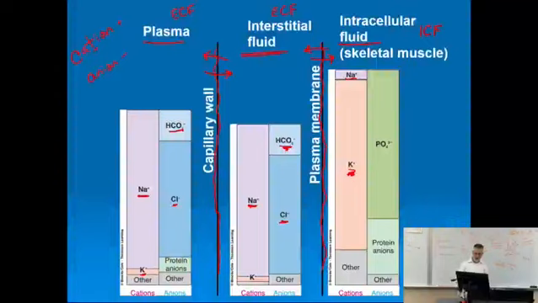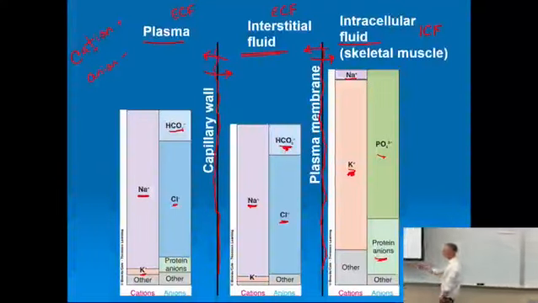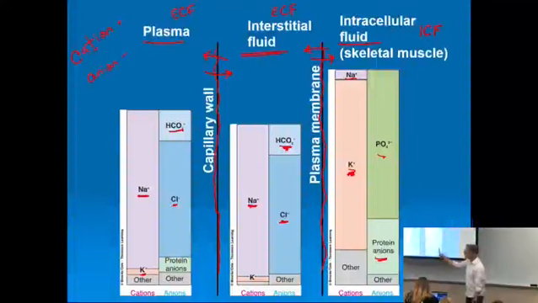So we see our potassium's high inside the cells. Phosphate is high inside the cells as well. And you have a bunch of larger proteins that are negatively charged that are stuck inside of the cell. That actually contributes to why the insides of cells typically have a negative interior, right? They have a negative resting membrane potential, like -70 millivolts or -90 millivolts.